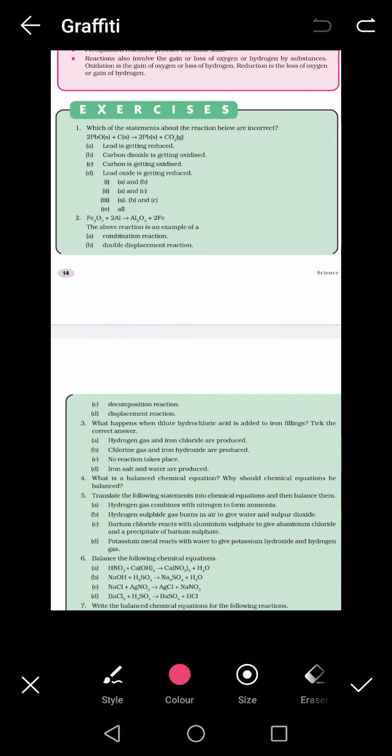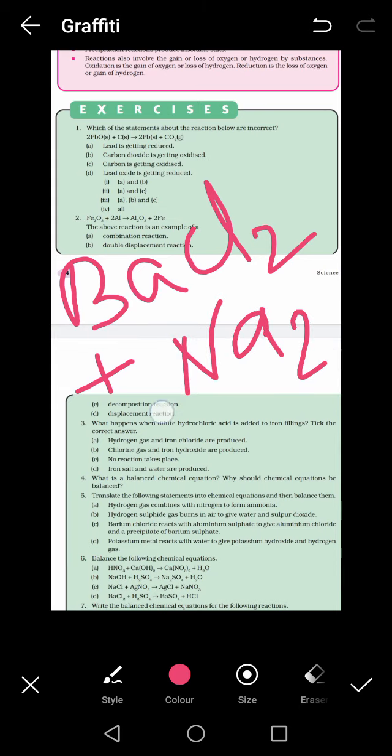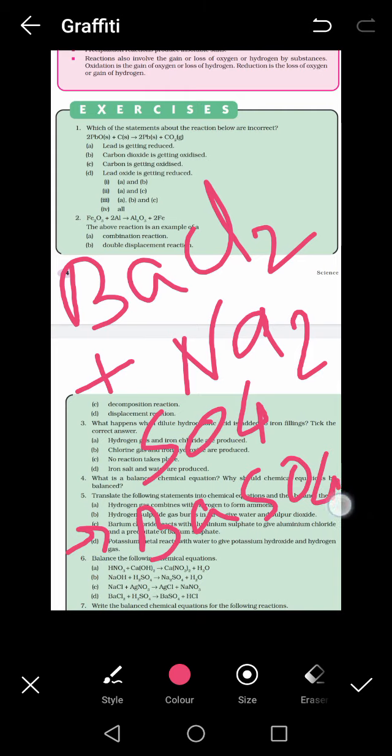Barium chloride reacts with aluminum sulfate to give aluminum chloride and a precipitate of barium sulfate. So what does the reaction look like? BaCl2, barium chloride, plus Na2SO4, they form barium sulfate in precipitate form and NaCl.